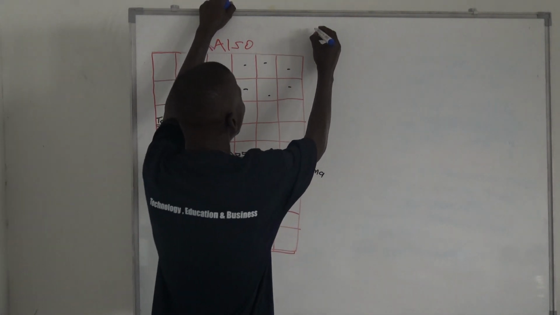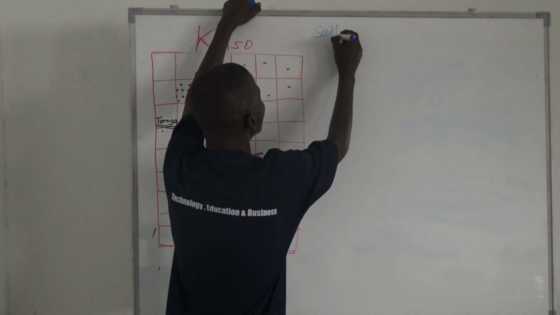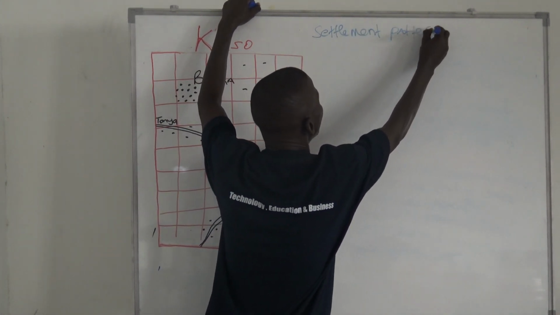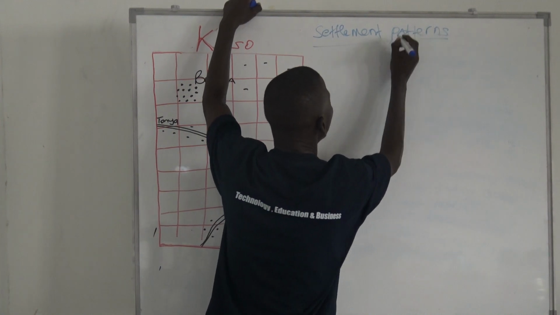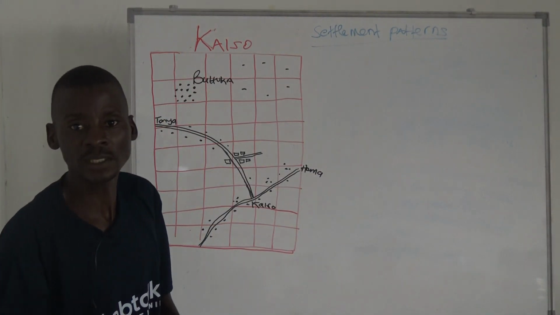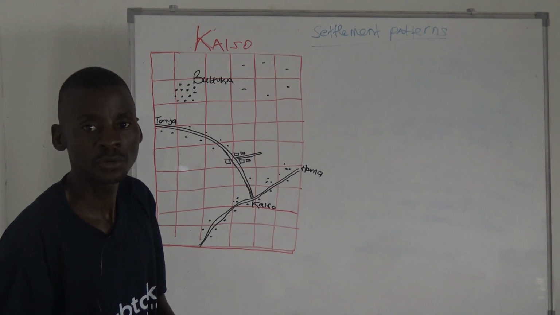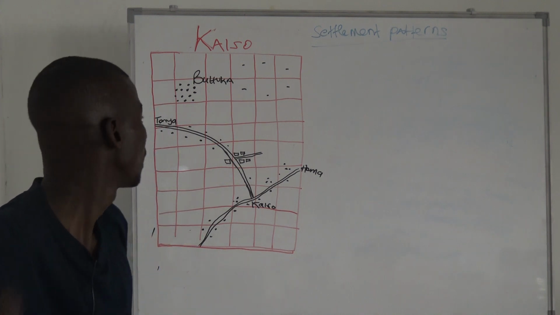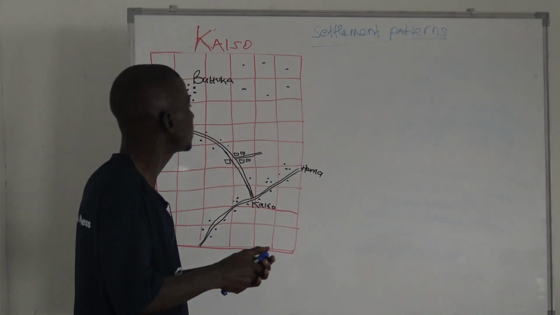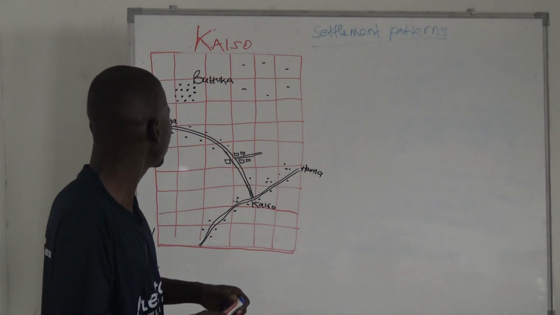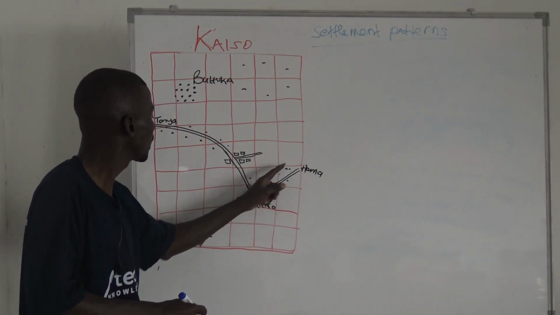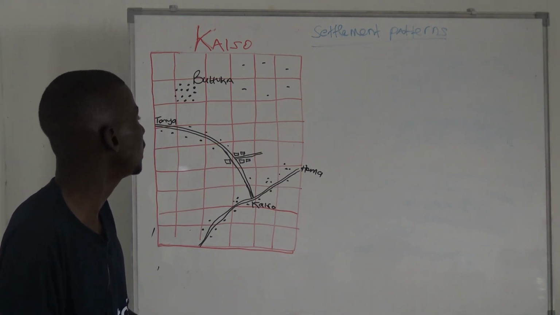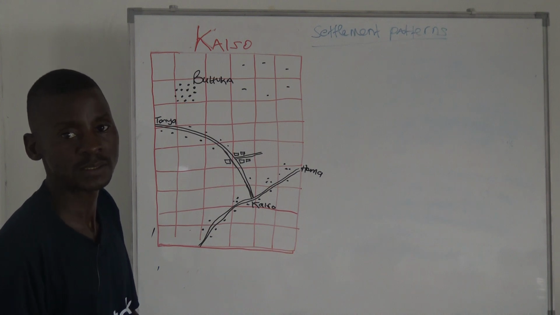First and foremost, we are going to describe the settlement patterns: how to describe settlement patterns on a map. There are very many different settlement patterns. Settlement patterns on the map are represented by these black dots. The way they are displayed on the map will tell what type of settlement pattern that one is.